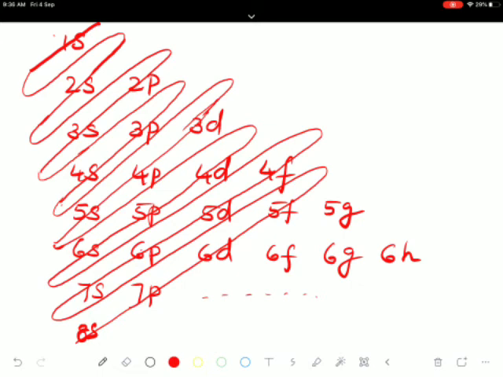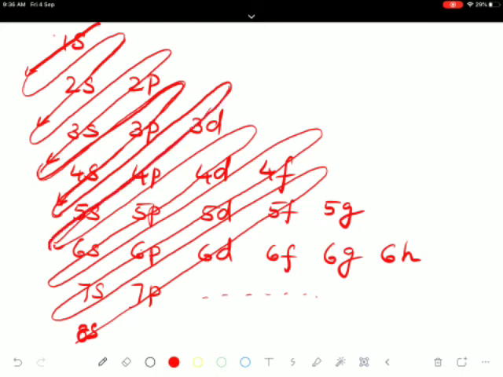So 1s first, then 2s. After 2s, then 2p, then 3s. After 3s it goes like this, 3p, then 4s. After 4s the electron will go to 3d, then 4p.